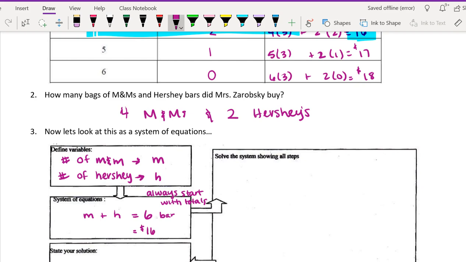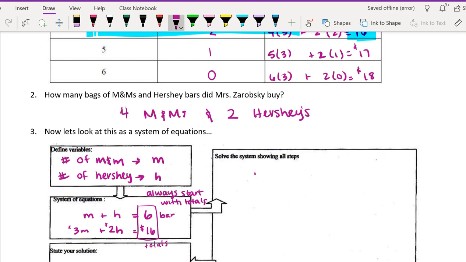Well, how did I spend $16? I spent $3 per M&M plus $2 per Hershey. Okay, so we take the totals and we start with those first, so these are your totals, then how do we get those totals? It's usually going to be sums where we're adding. We write those values as an expression on the other side.